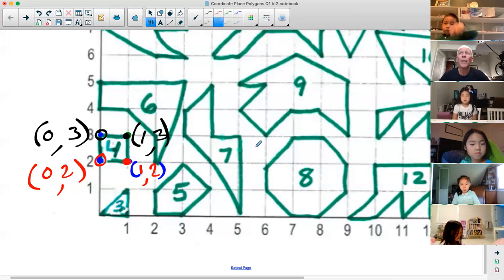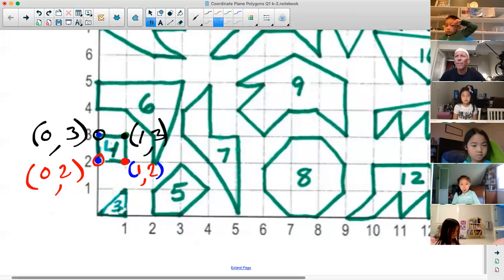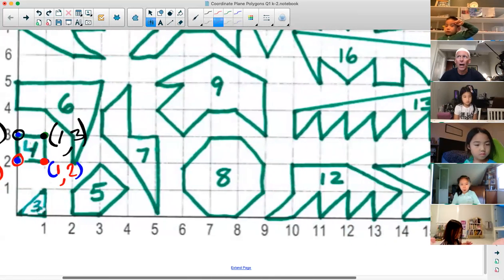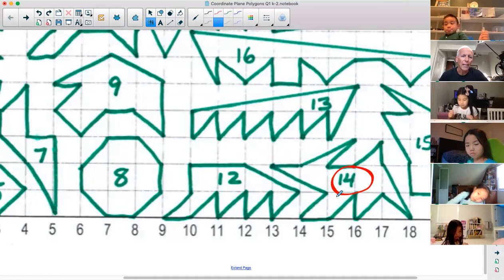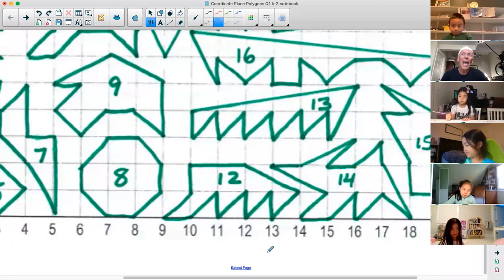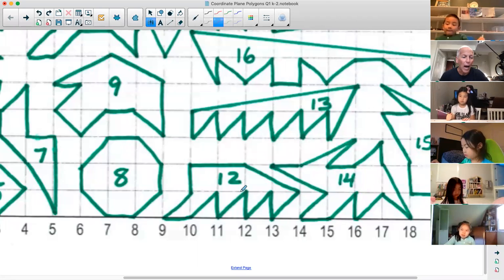Now, one of my favorite polygons on this page is the polygon that has 14 sides. And it's actually called a quadradecagon. Can you guys say that?